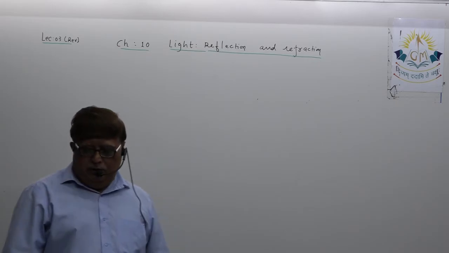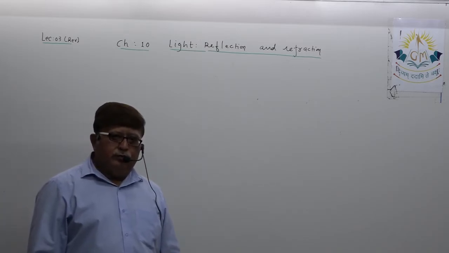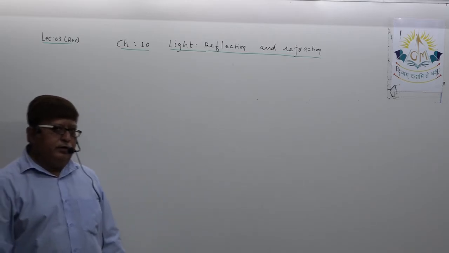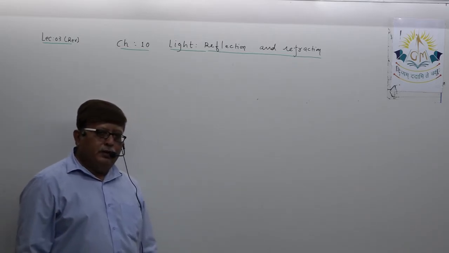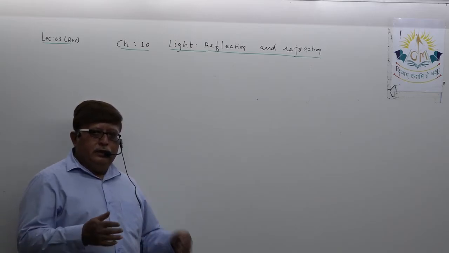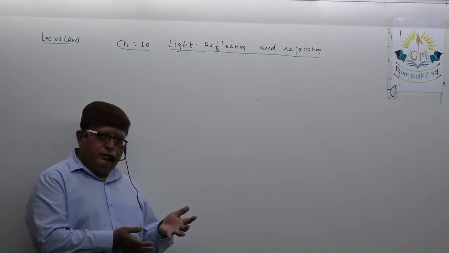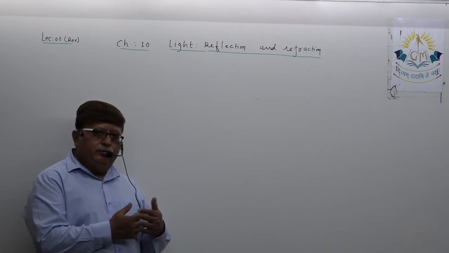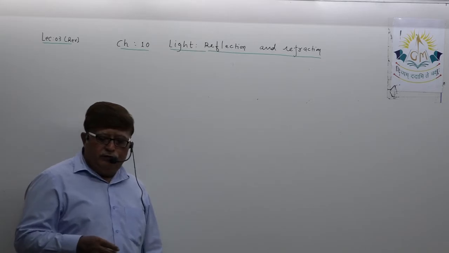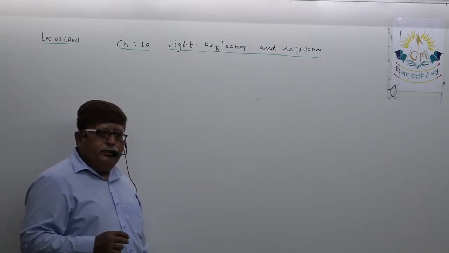Read the sum, dear student, twice to understand it. What is given in example number 5 is that a concave mirror generates a 3 times magnified image of an object placed at a distance of 10 centimeter.